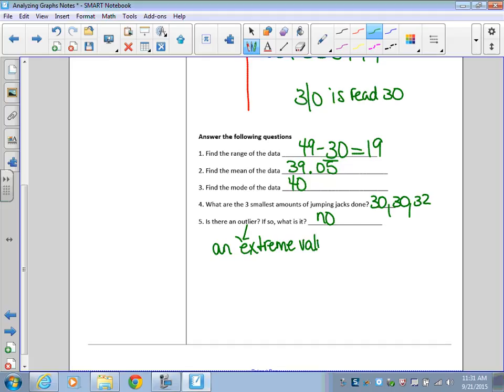Like, and this is just an example, like 136 jumping jacks. When the next highest is 49.